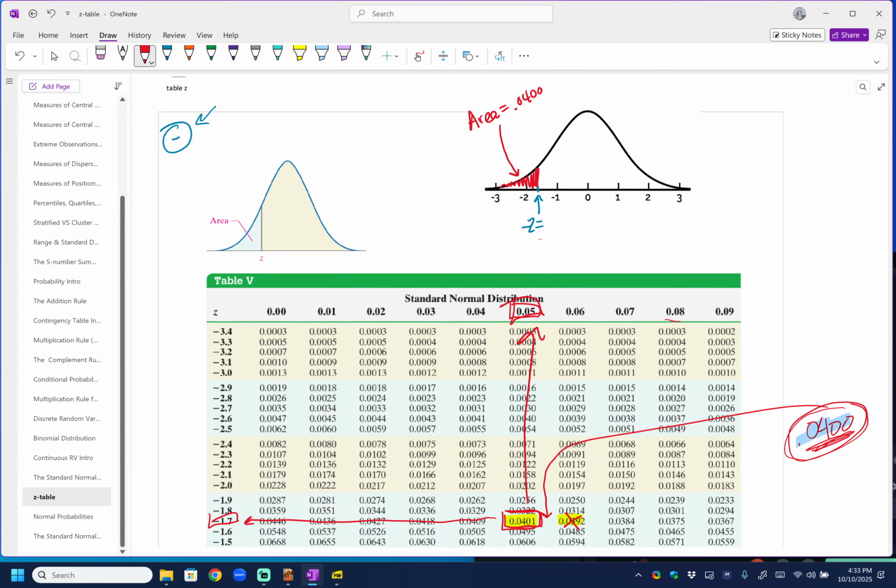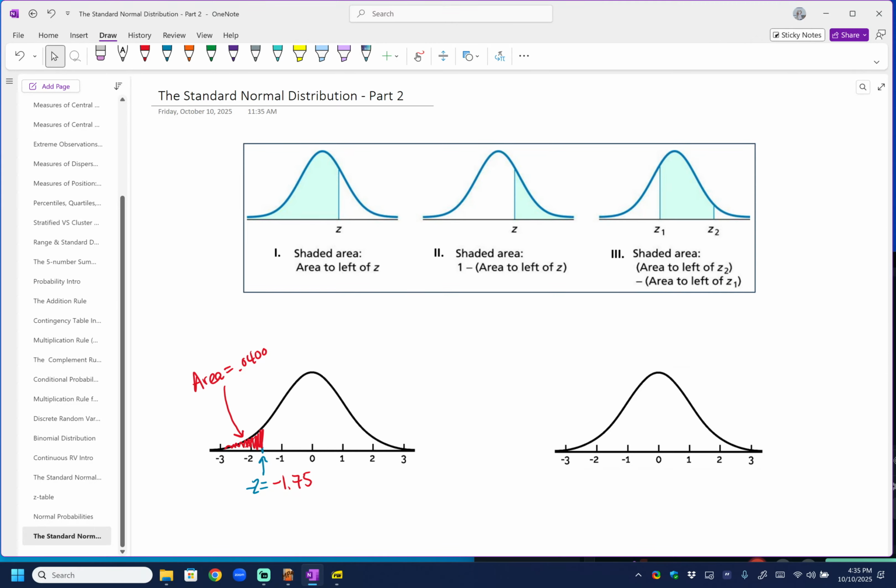Let's try another unique scenario. Let's say that I want to know the z values that are at the middle 90% of the standard normal curve. So in other words, let's say that I'm just going to make this arbitrary. So I go over here and here, and I shade in this area.